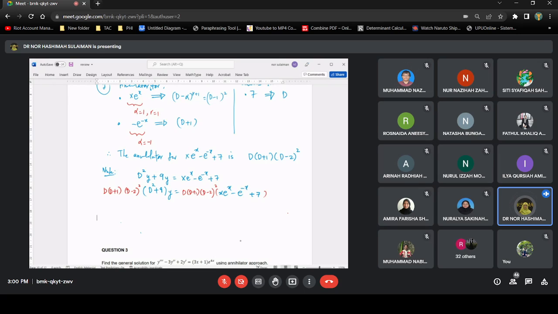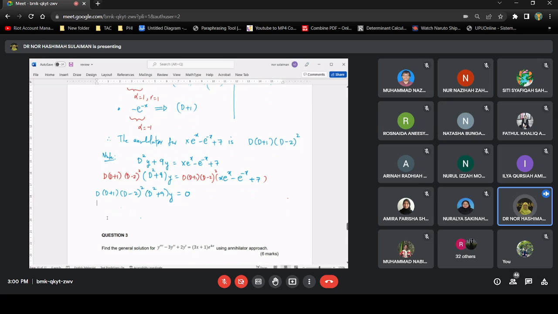So bila kita tuliskan begini, apa akan jadi? Sebab ini adalah annihilator bagi yang ini. So maknanya dia telah menukarkan fungsi ini kepada kosong. So maknanya the expression on the right hand side will be 0, right? And then the remaining would be D plus 1, D minus 2 squared, and then you have D squared plus 9y equals to 0.